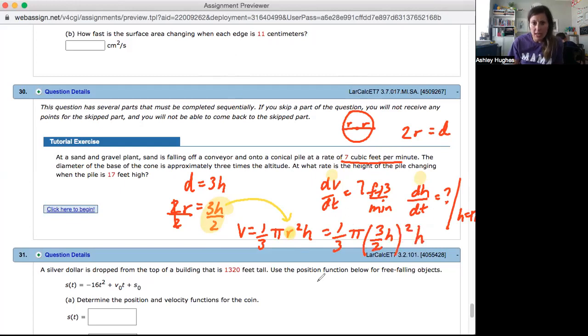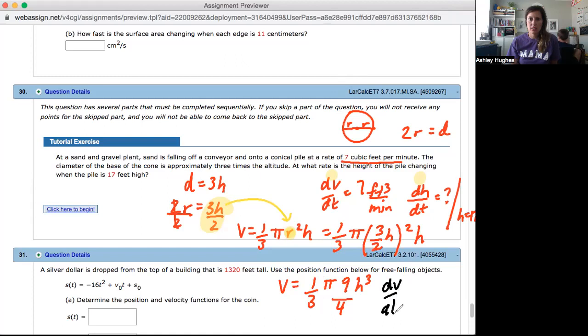When we multiply that out, we get 1/3 pi. 3 squared is 9, h squared is h squared, times h would be h cubed, and 2 squared is 4. Now we have not even taken the derivative though. So you need to take the derivative of this. And these 3's are going to cancel, and you're going to get pi 9/4 h squared dh/dt.